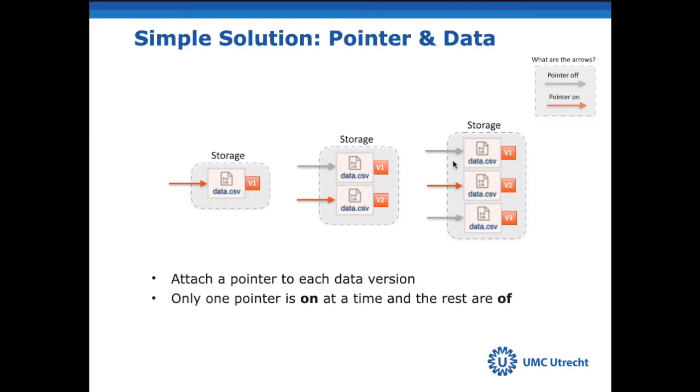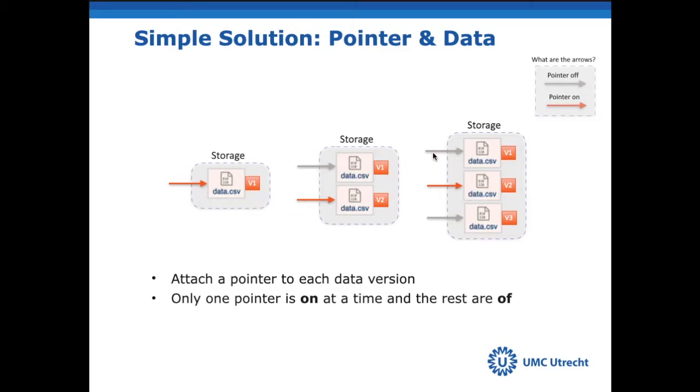Now, if we have, for example, 3 versions of this data, and I'm typically taking a CSV file as the data, but this could also be your machine learning model or a whole directory, then you have different versions of your data, and again only one pointer is turned on, for example, pointing at the second version.